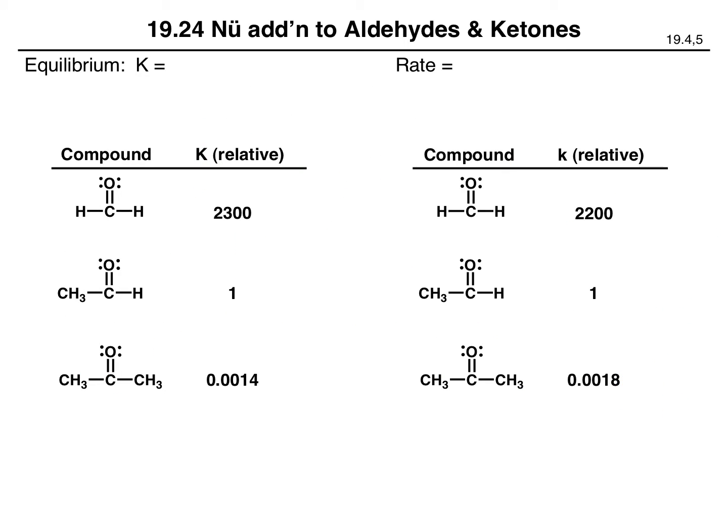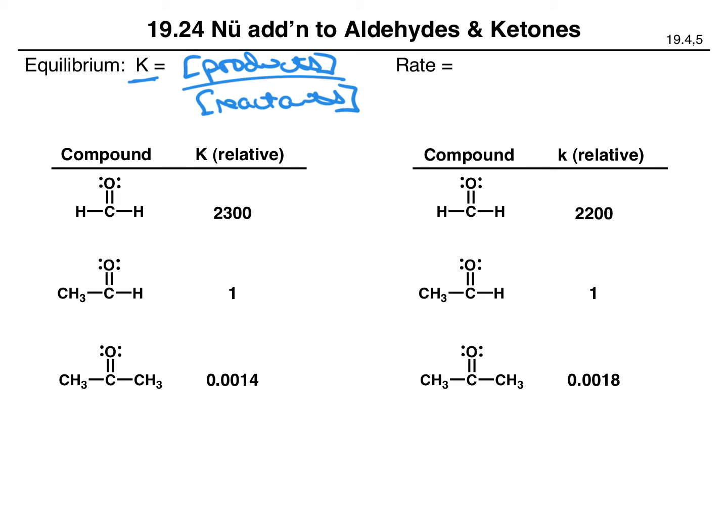So as we think about the equilibrium, remember that the equilibrium can be described by an equilibrium constant with a capital K, and this is equal to the concentration of products over the concentration of reactants. And more specifically, what we're talking about here is the concentration of the hydrate over the concentration of the aldehyde or the ketone.